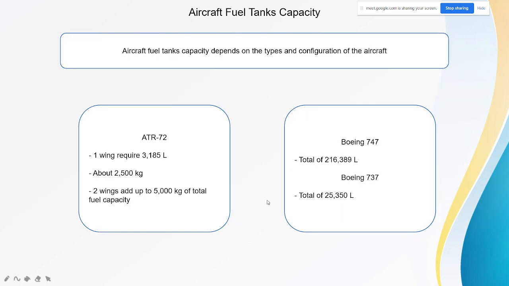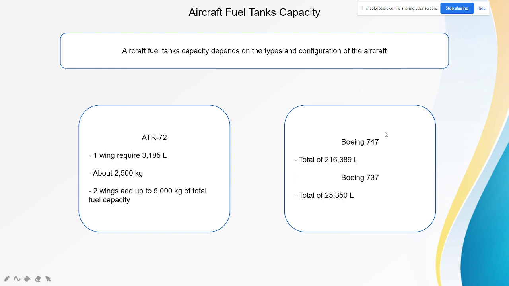Okay, so this is additional information. Different aircraft have different configurations and designs, so they also have different fuel capacities. For example, for the ATR, one wing requires about 3,185 liters, so about 2,500 kilograms. So two wings add up to 5,000 kilograms.